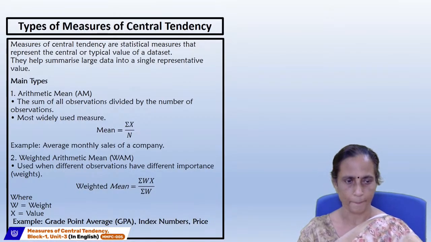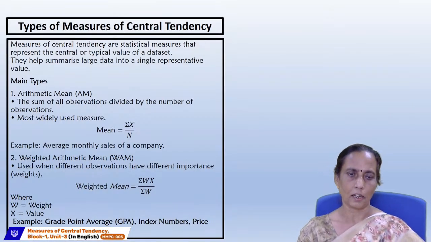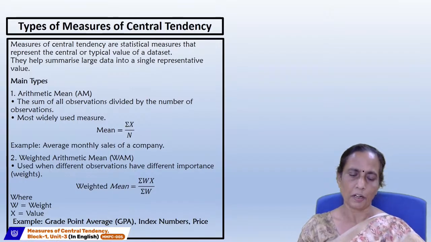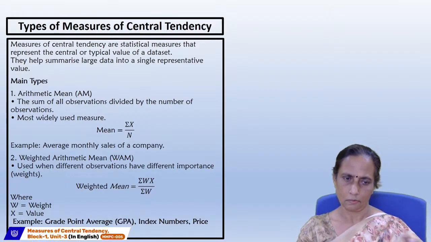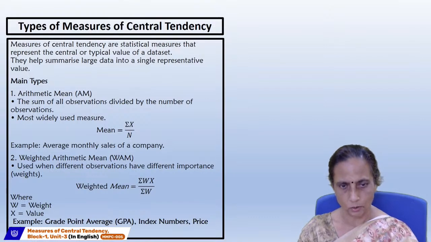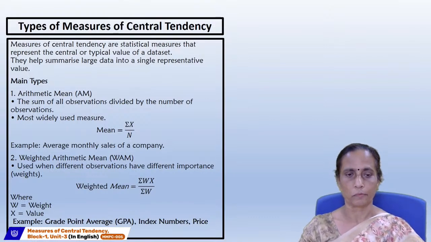So that weight or that credits that each and every paper carries in your curricula, while calculating grade point that needs to be taken into consideration along with your score. So it is called the weight associated with your score.